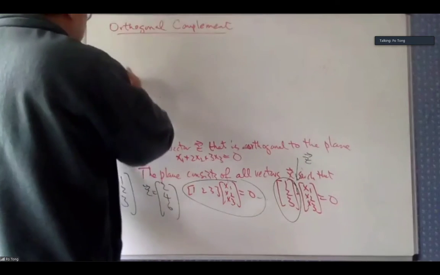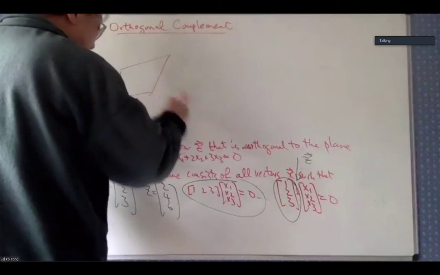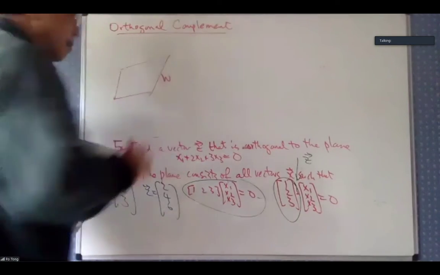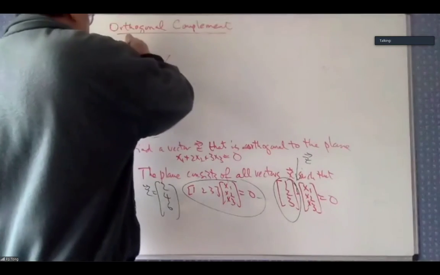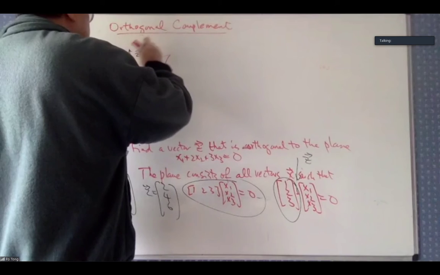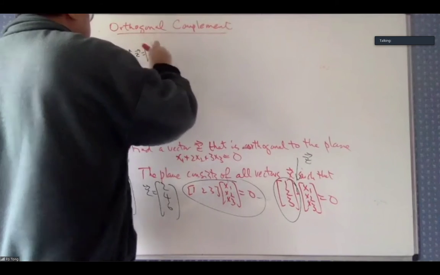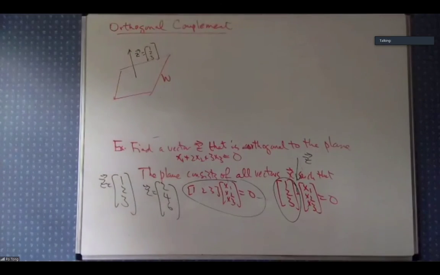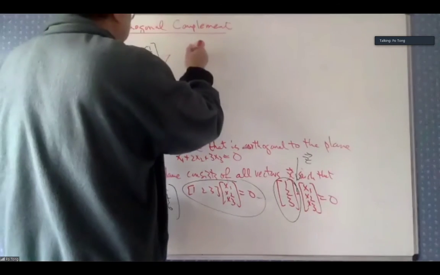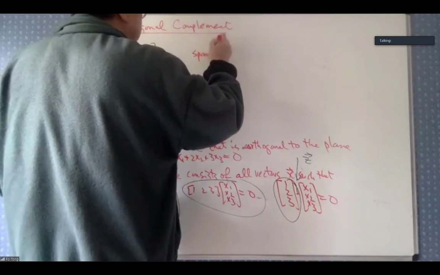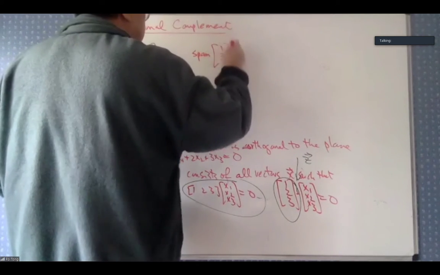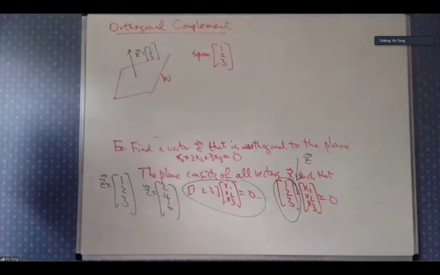So back to this picture again. Still this W. Now, if I think about the span of (1, 2, 3), what does the span of (1, 2, 3) mean?